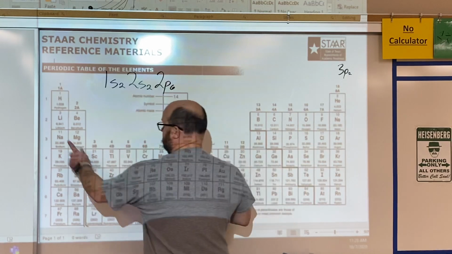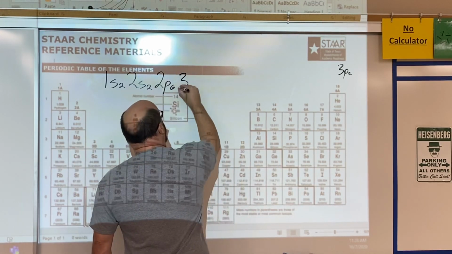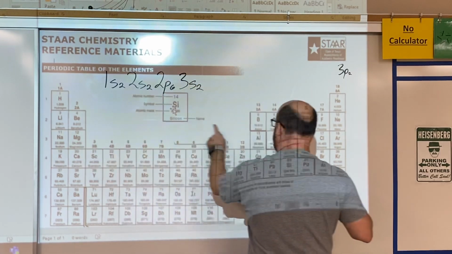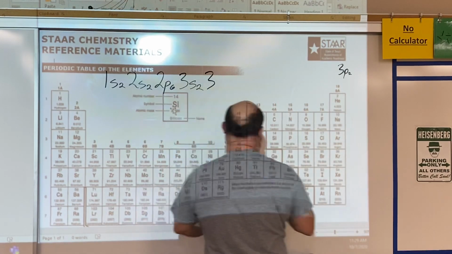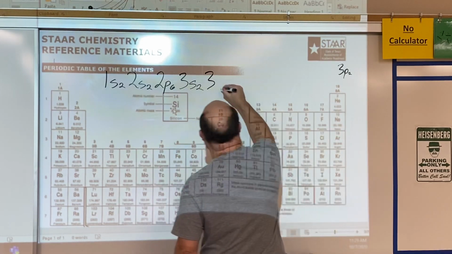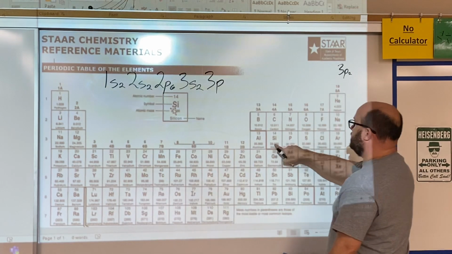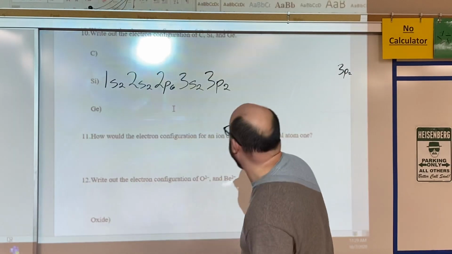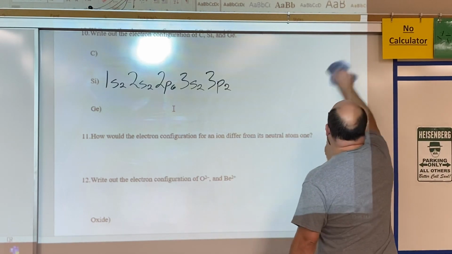Go back across, third period, s sublevel, 3s2. Jump all the way across, still in the third period. Now we're in the p sublevel, and remember we said 3p second element. So that would be our total electron configuration for silicon.